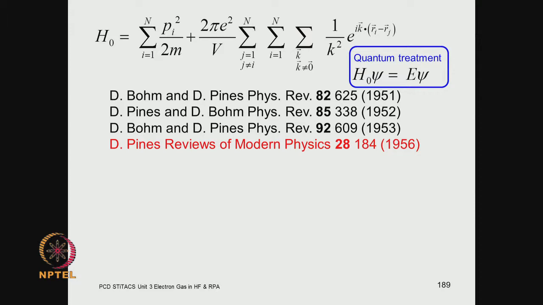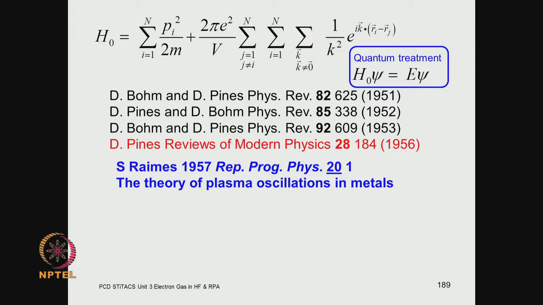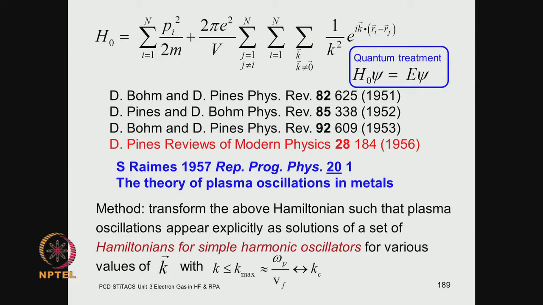There is a very good review by Pines in Reviews of Modern Physics in 1956, but then Pines also has a book, and this is very nicely collected in that book. So, you will also find a good discussion in Reports on Progress in Physics, an article written by Raimes, other than the books by Raimes which I have been referring to.